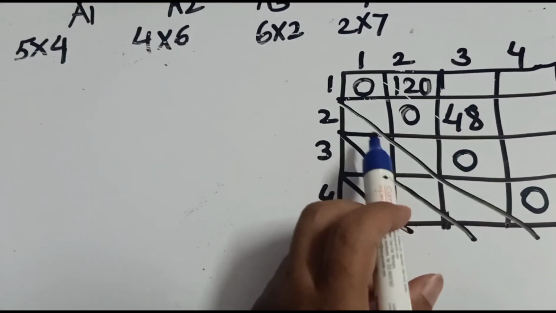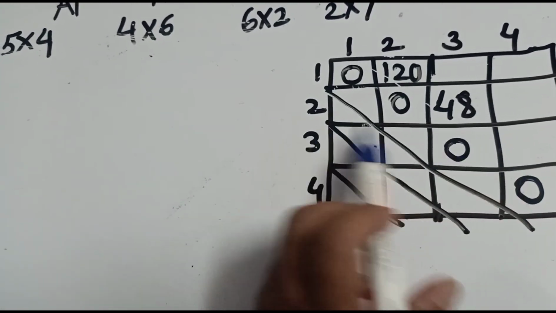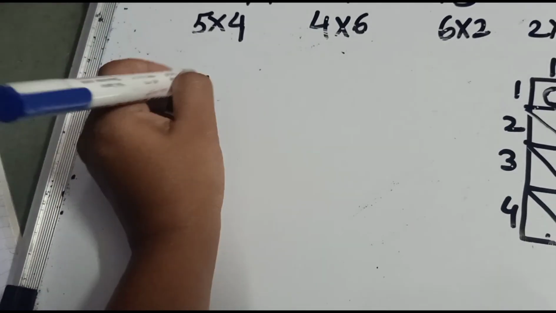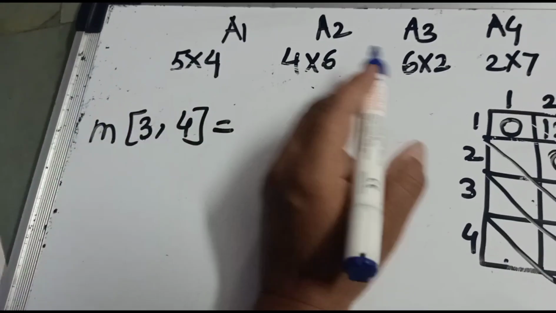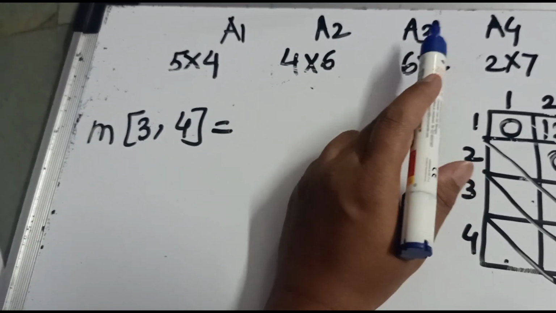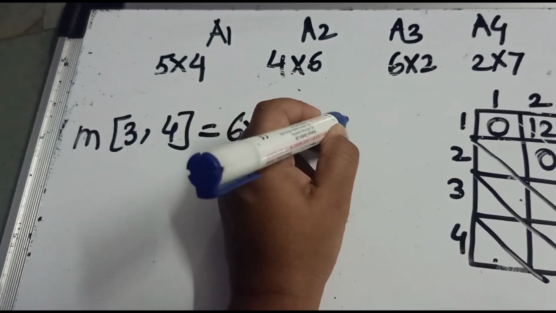The next value according to the diagonal pattern is 3, 4. So we are going to find the value of m of 3 comma 4, that is multiplying matrix A3 with matrix A4. A3 dimensions are 6 by 2, A4 dimensions are 2 by 7.